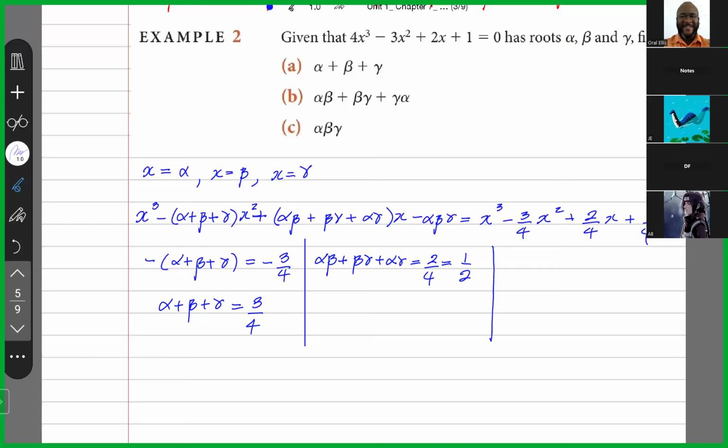And finally, minus alpha beta gamma, which is the constant on the left, is equal to 1/4, which is the constant on the right. Multiply both sides by -1, we get alpha beta gamma is equal to -1/4.